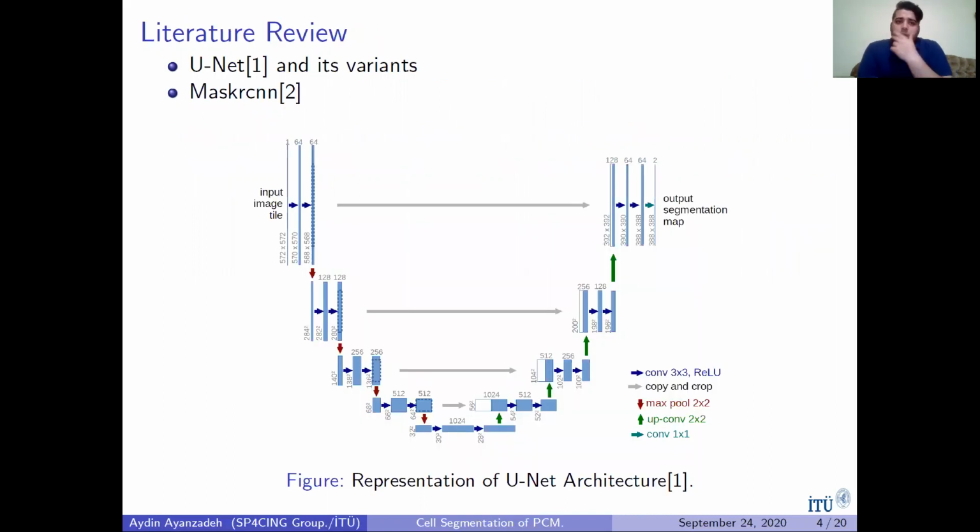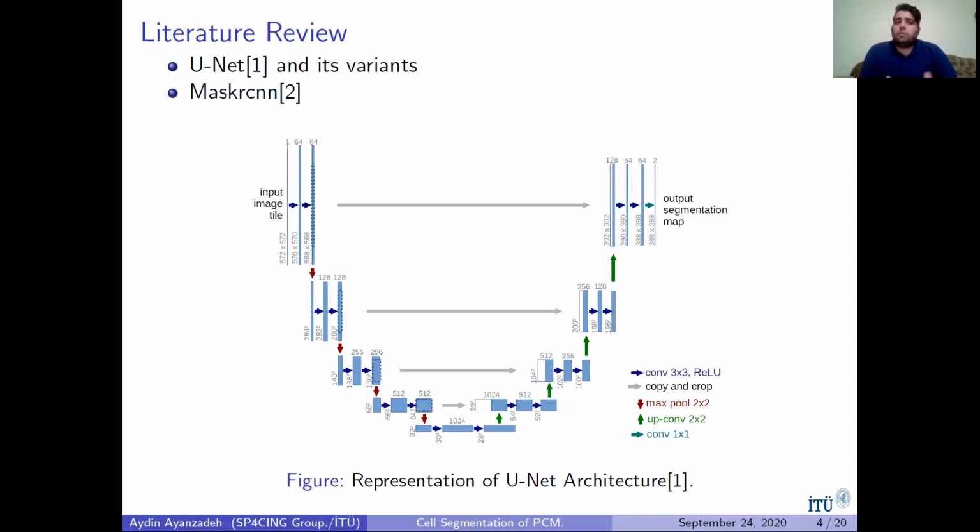About the literature review of cell segmentation, there are a vast number of architectures which try to increase the performance of the segmentation task, but among all of them, UNet and its variants are very successful in this field.